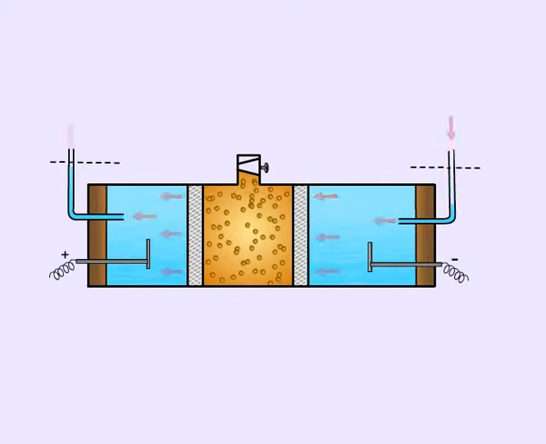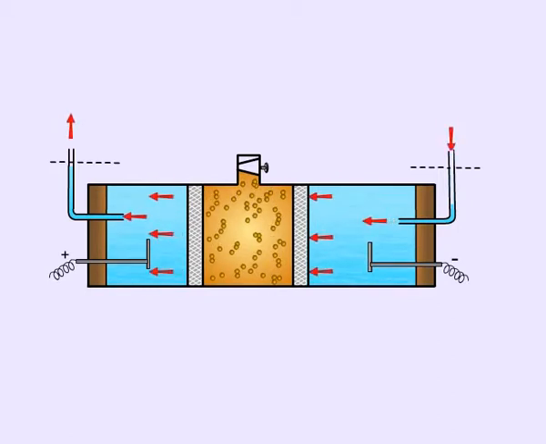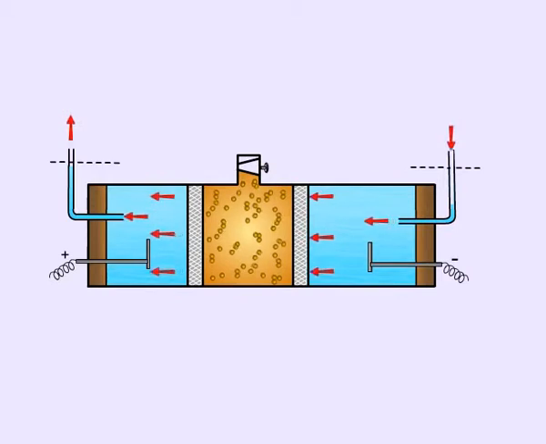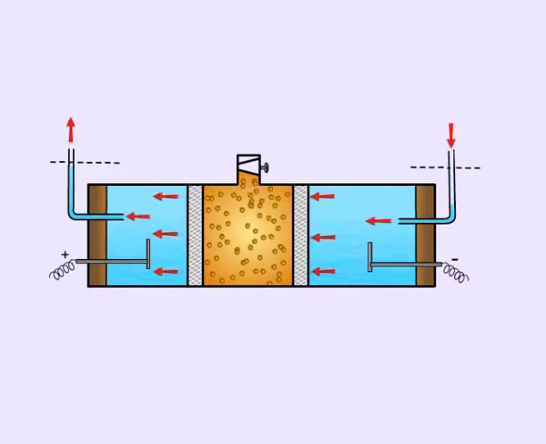The phenomenon can be explained as follows. We have already seen that colloidal particles and dispersion medium carry charges which are equal but opposite in nature. Under the influence of an electric field, both have a tendency to move towards the oppositely charged electrodes.